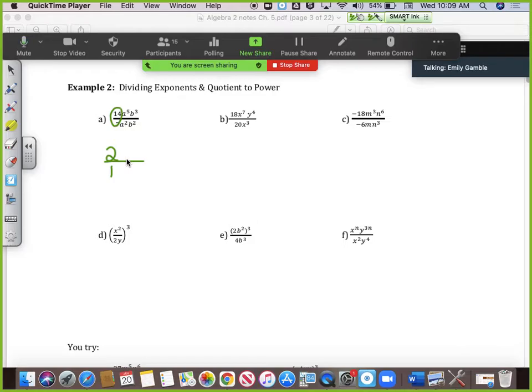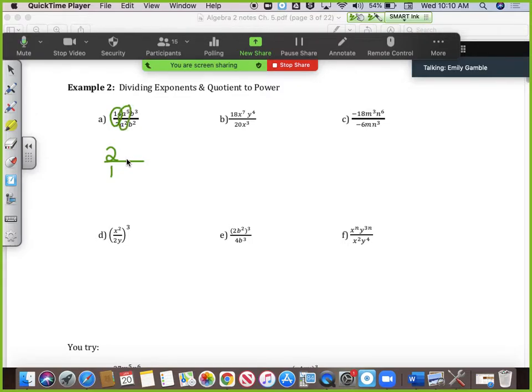Okay, and then the next thing we would do is look for the variables. I have a to the 5th, b to the 3rd on the top, and a squared, b squared on the bottom. You can only use the quotient rule when you have the same exact base numbers. So we have two bases in this problem. We have a's and b's. So I will simplify the a's first. I'm looking at a to the 5th over a squared.